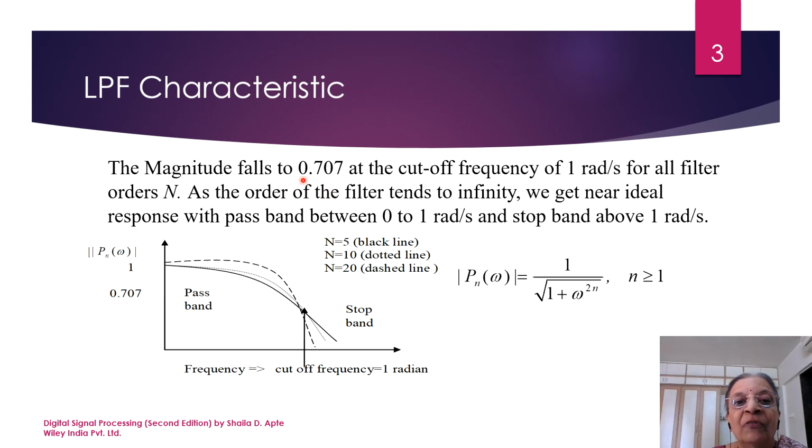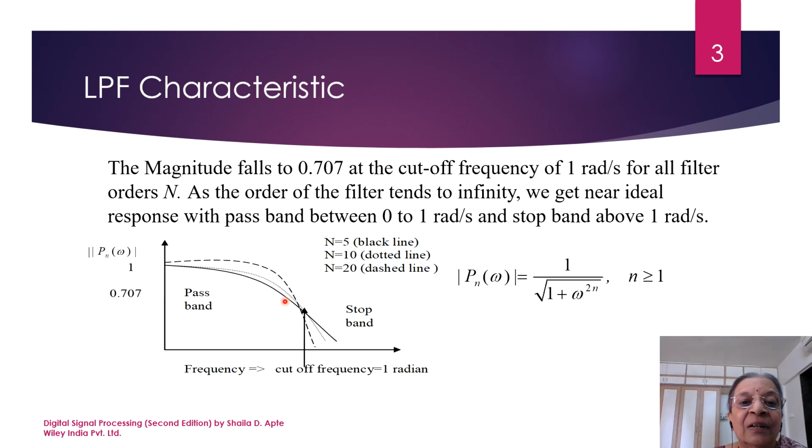How do we define the cutoff frequency? The cutoff frequency is the frequency for which the magnitude falls to 0.707 of its maximum value. Here the maximum value is 1. So where the magnitude falls to 0.707 of its maximum gives the corresponding cutoff frequency.